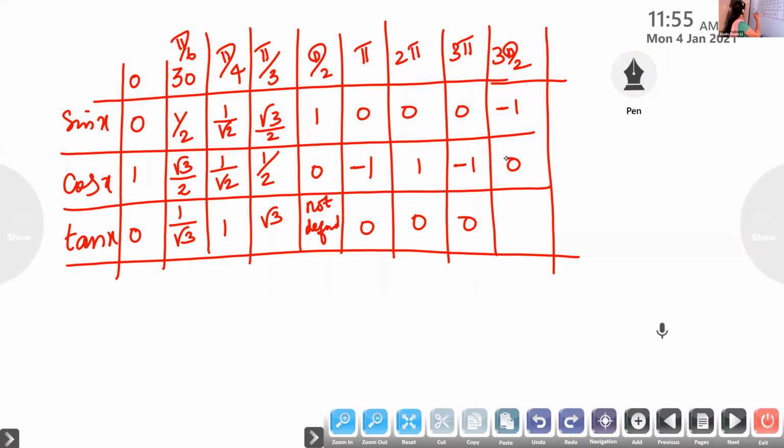And tan 270 is not defined. How to find these values? When you do the problems, you will be getting more idea. So this table, be thorough with these values. Using these tables only, we are going to find out the values.